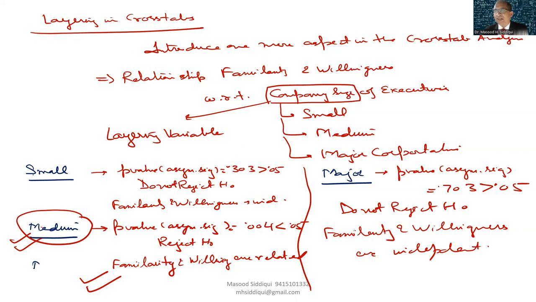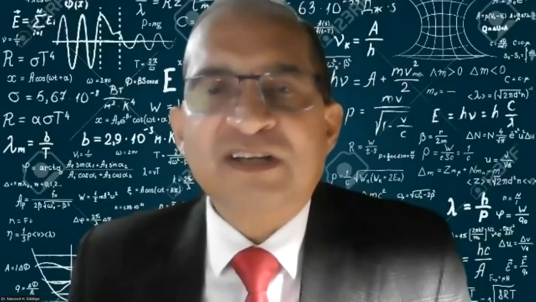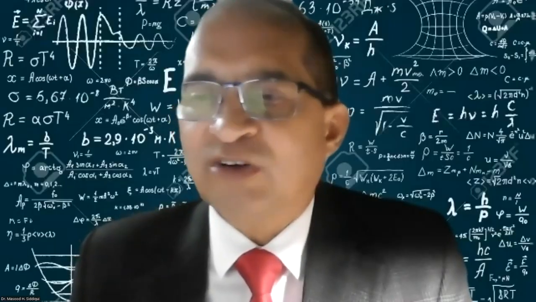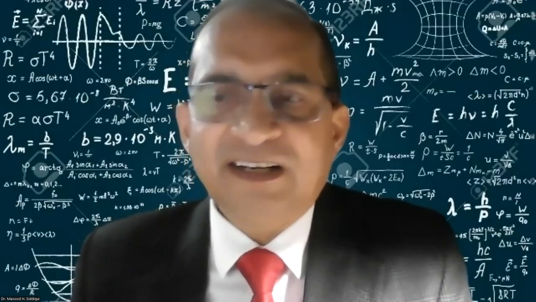There is no point in trying on small and major. So this is about the layering that we use for the cross-tab. You can further increase this layering with respect to other attributes also, since we have more than one label available. So this is all about cross-tab analysis or the chi-square test of independence. Hopefully this is clear to all of you.